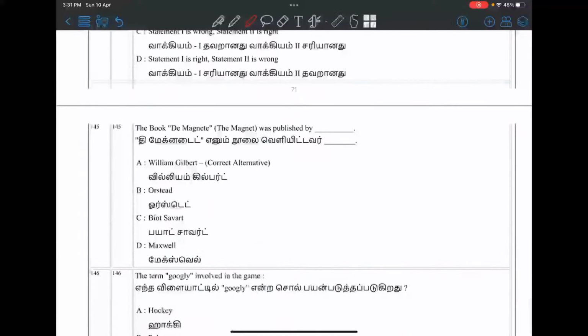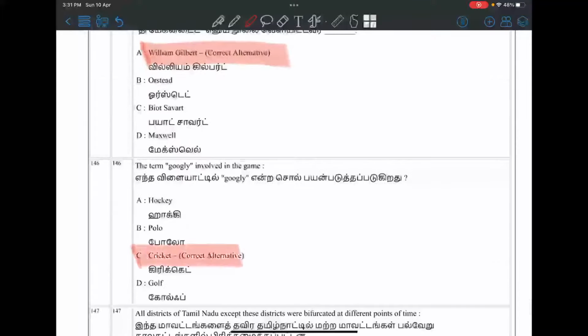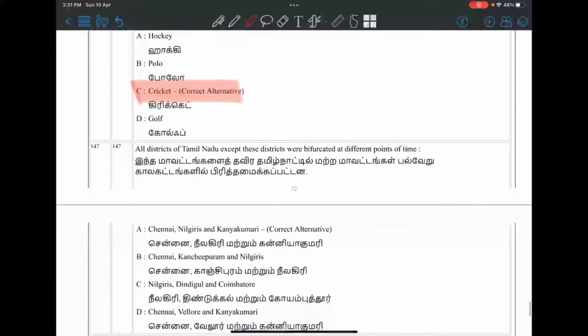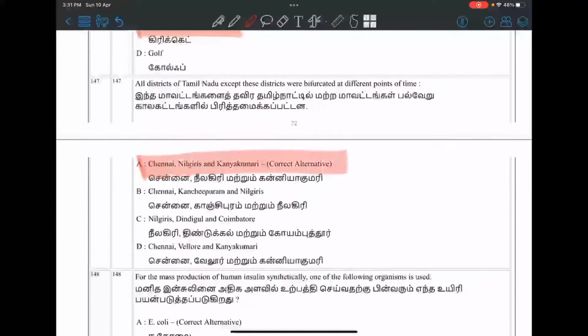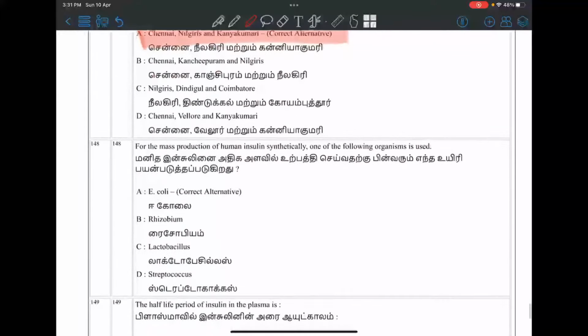The book De Magnete was published by William Gilbert. The term googly is used in cricket. All districts of Tamil Nadu except Chennai, Nilgiris and Kanyakumari were bifurcated at different points of time.